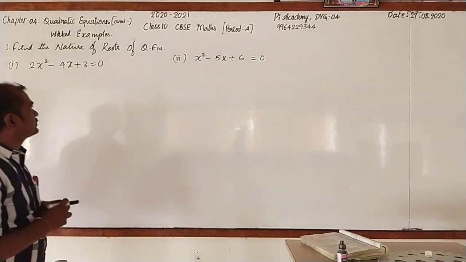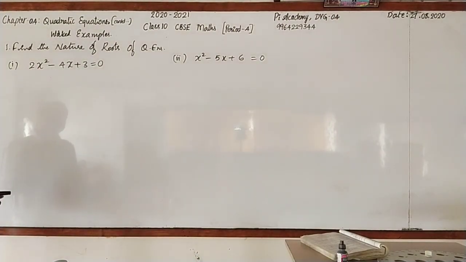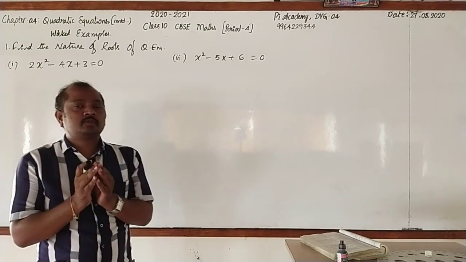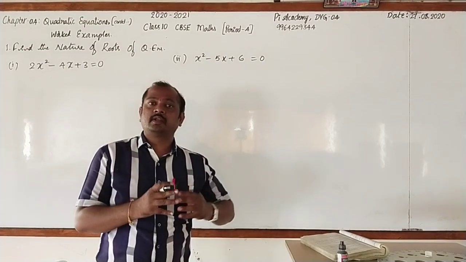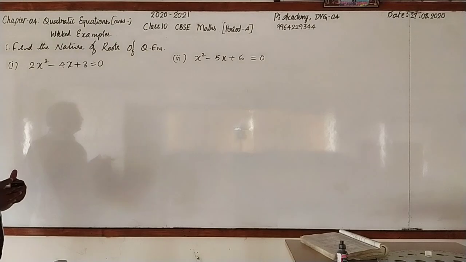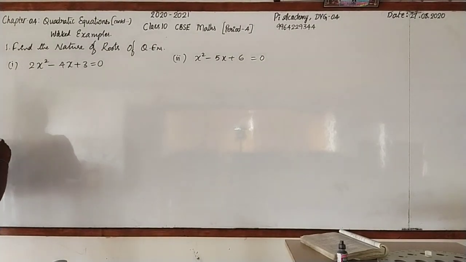Dear students, observe it. Now we are moving to find out the nature of roots of a quadratic equation. With respect to quadratic equations, to solve them by quadratic formula, many problems are there. And before that, we will move on to these also. Observe it.